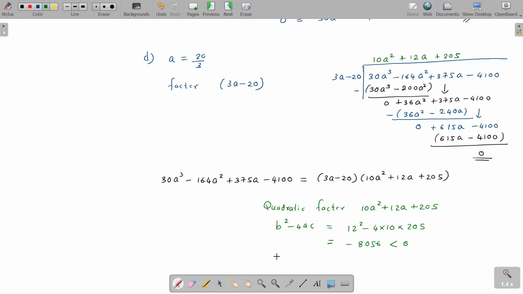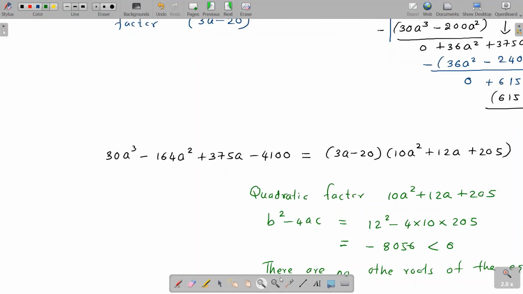Therefore, there are no other roots of the equation. Therefore, what does it mean?